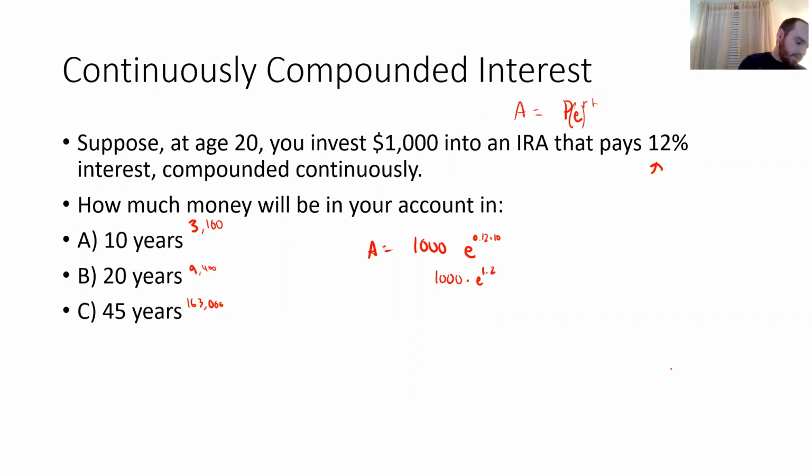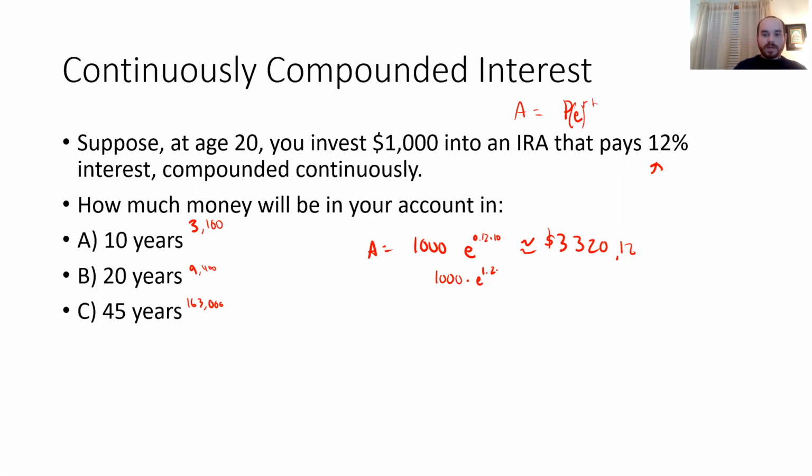So we hit E raised to the power of 1.2, and then multiply that by 1,000. And we get about $3,320.12. So it's about $220 more, not too bad.